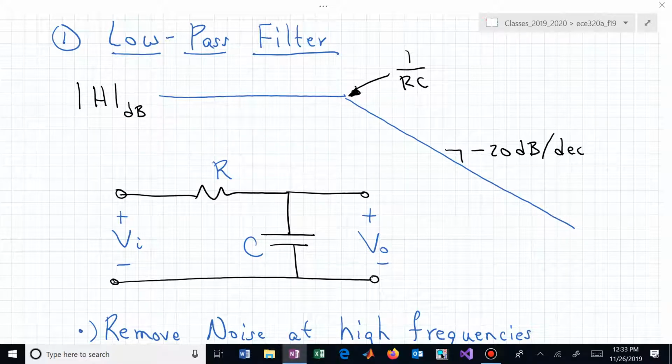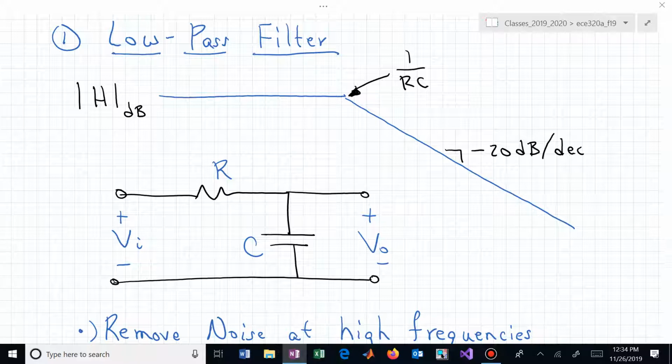Which the answer is yes. And can you now find the response due to any input, where here the input is V sub I, and now can you, if you have found capital V sub 0 of S, can you find what it looks like in the time domain by doing inverse Laplace transforms? All of these concepts should be coming together.